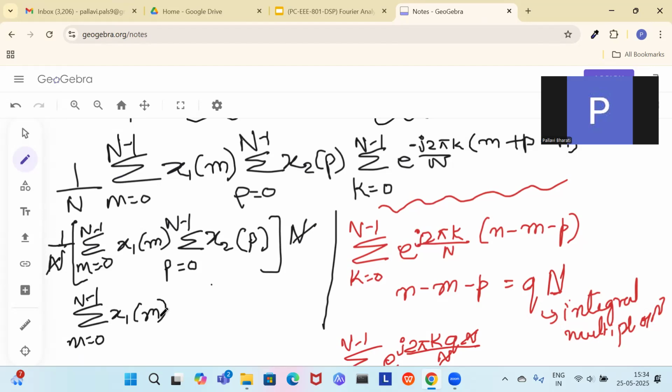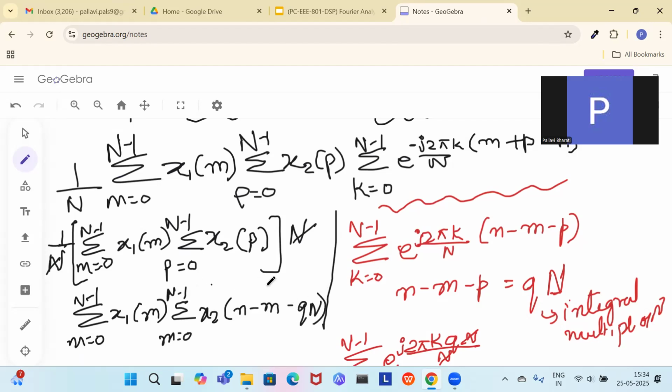Now if I write it, I can write it as m equals 0 to capital N minus 1, x1[m]. And this one, if I try to write it in the same manner, then what can I write it as? If I want to make this m equals 0 to N minus 1, so my n minus m minus p is equal to qN. So I will write x2 of n minus m minus qN.